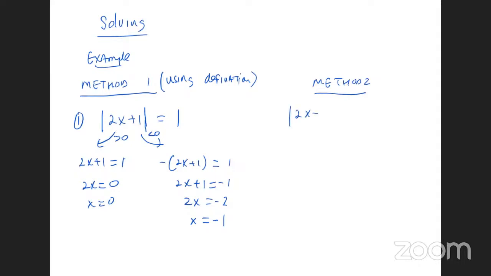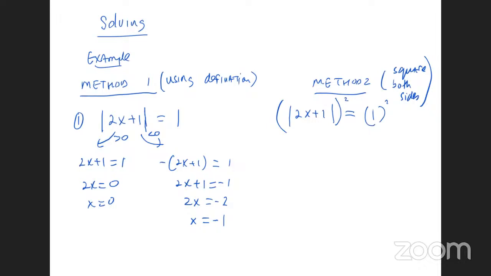Suppose you had 2x plus 1. Next method. Most people like this method. It works for most of them, but there's one or two it does not work for. That's why I do like to use it. This one is where you square both sides. So you square here and you square here.